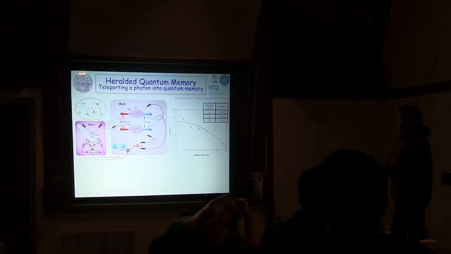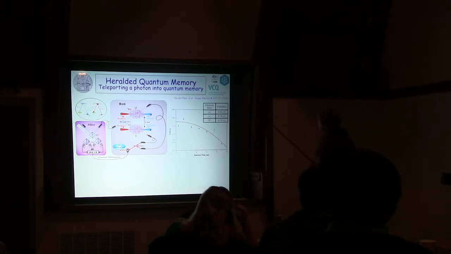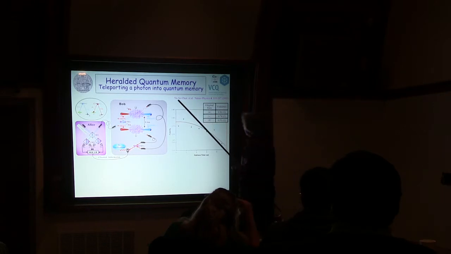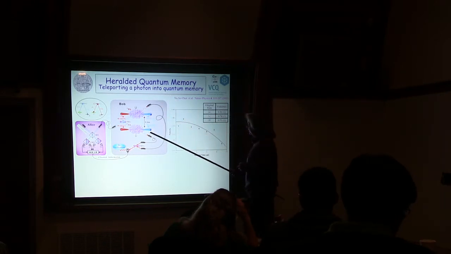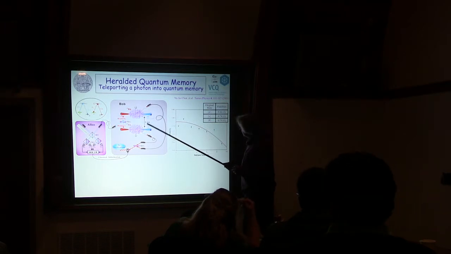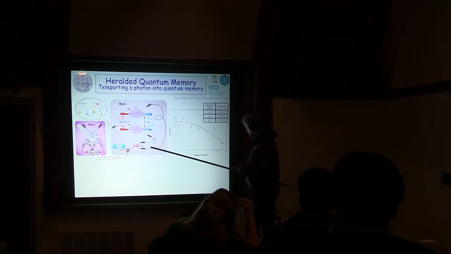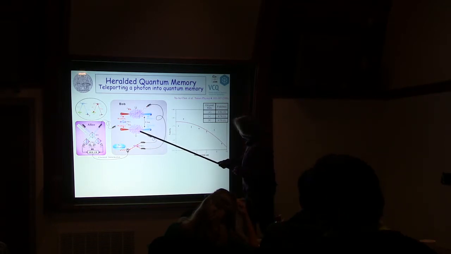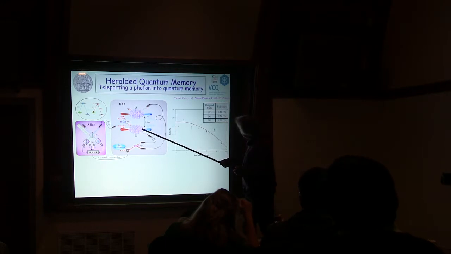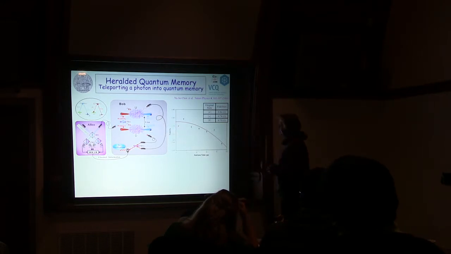Now, if you have entanglement, what you can do with a heralded quantum memory is the following. I have 2 of those ensembles, and if I take the photon out and put it on a polarizing beam splitter, I can create an entanglement between the U and the D atomic ensemble.